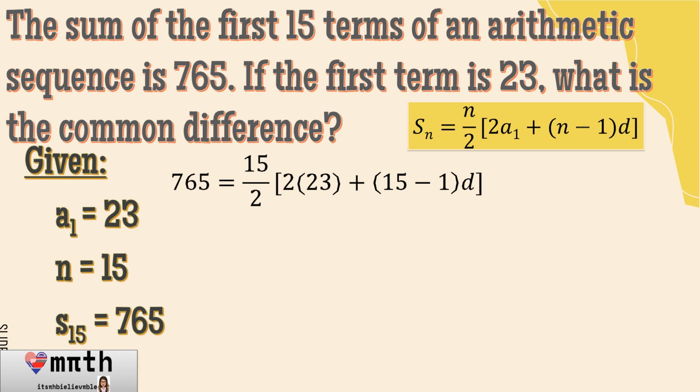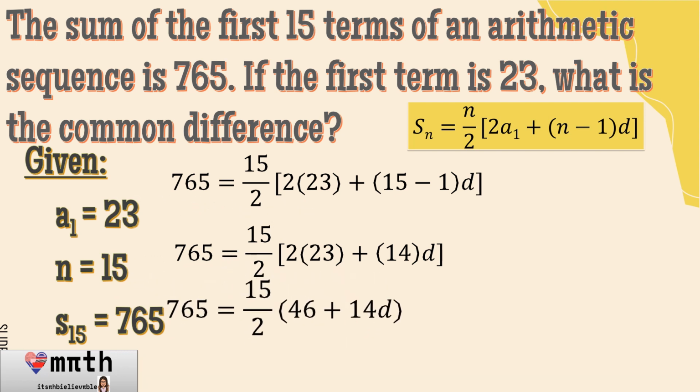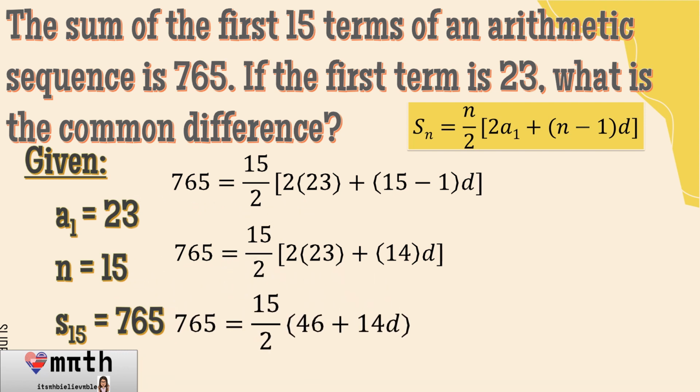So, let us simplify first. 15 minus 1, that will be 14. Then, let us multiply 2 times 23 and 14 times d. 2 times 23, that will be 46. And 14 times d, that will be 14d.